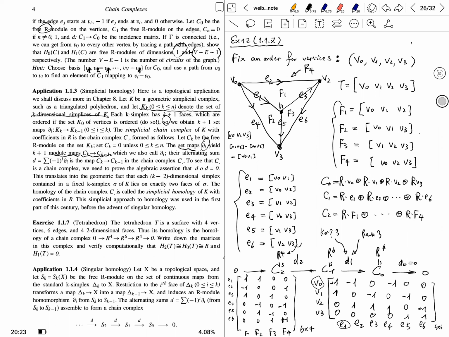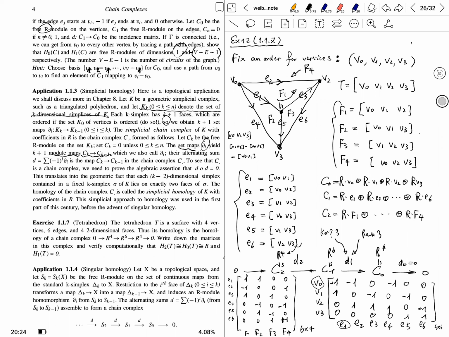For example, if you look at face 1, then you could say this orientation should be anti-clockwise. The reason is that it should be the direction that is the same as the increasing of the index. So it's V0, V1, V2, so it's anti-clockwise.